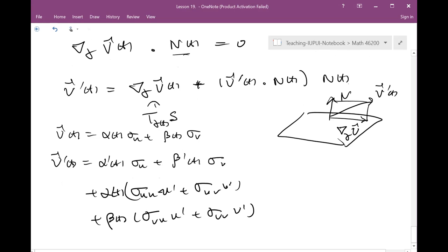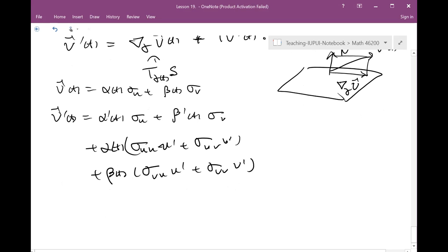So we're almost done. Now, some part is going to be perpendicular to the tangent plane, so we have to figure out what are sigma UU and sigma VV.